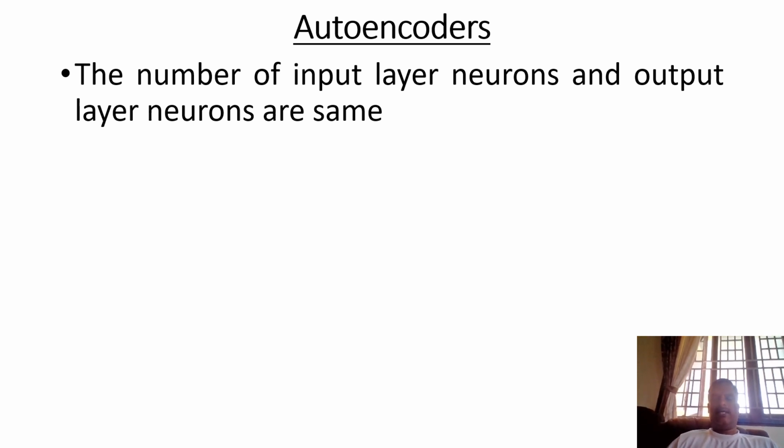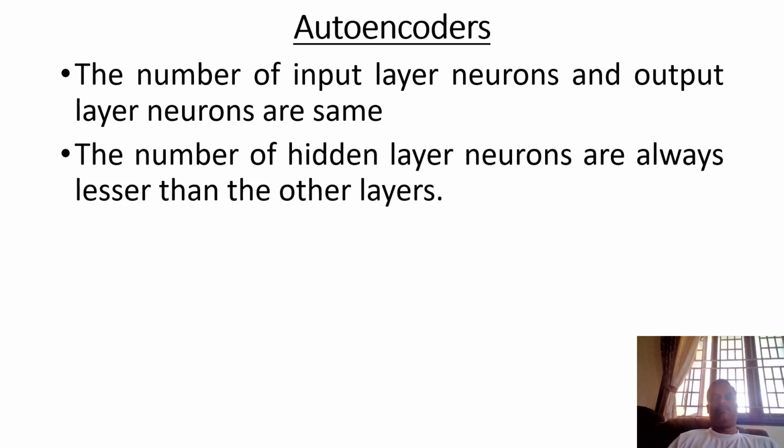So only when you have an equal number of neurons in both layers, we can have a check. The number of hidden layer neurons is always lesser than the other layers. This is another special condition in autoencoders. As we are going to reduce the dimension of the data, whatever you get as output should have a lesser size than the original layer.